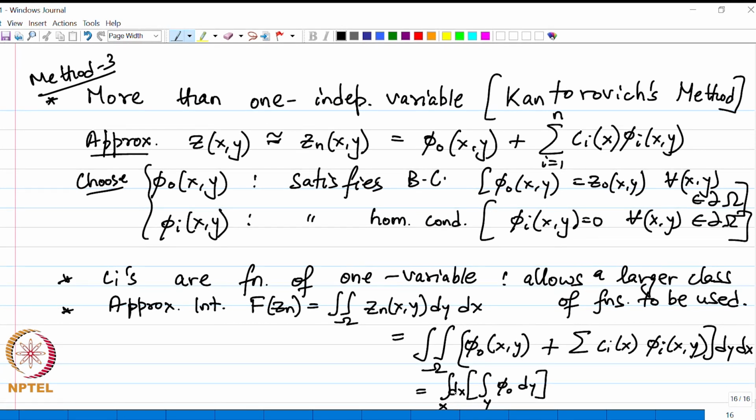This we can perform. Then for the second term, we can take the summation out, and then we have the x integral of C_i of x dx, and the inner integral from y_0 to y_1 of phi_i of x y with respect to dy. So, we can certainly perform the y integral on both sets.